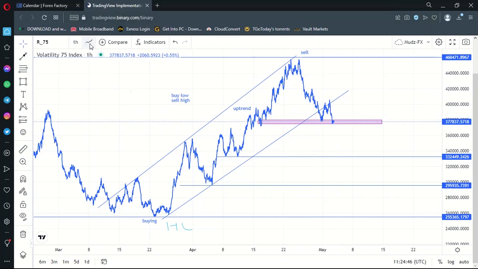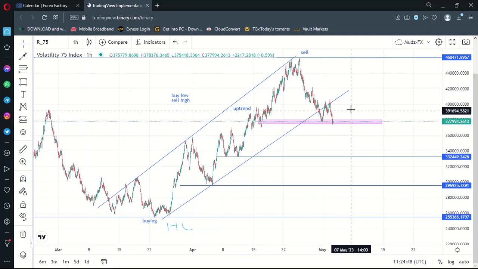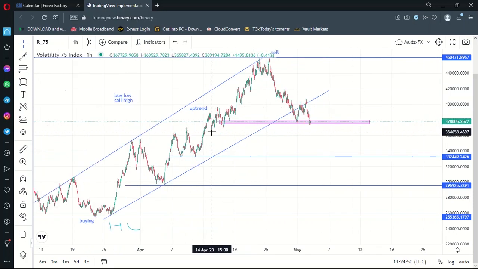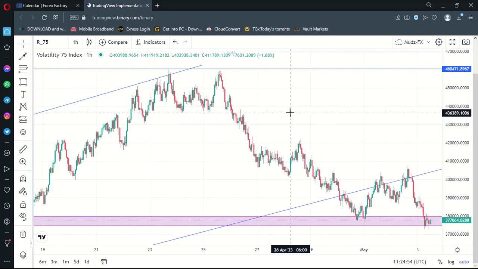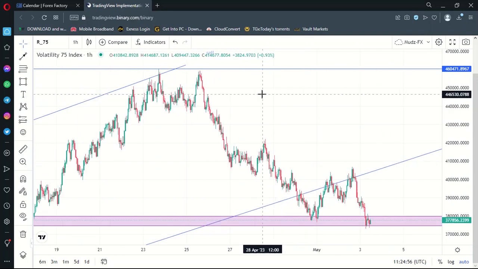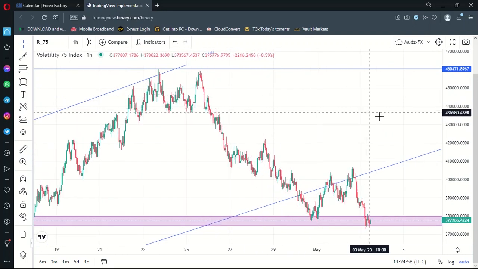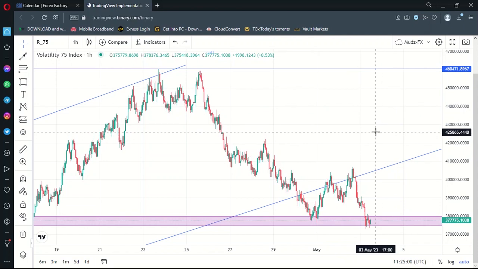Okay, for us to get extra confirmation, we're gonna zoom in and go to the 15 minutes time frame and look for any pattern, any structure that will tell us otherwise, or that will support what the market is telling us.